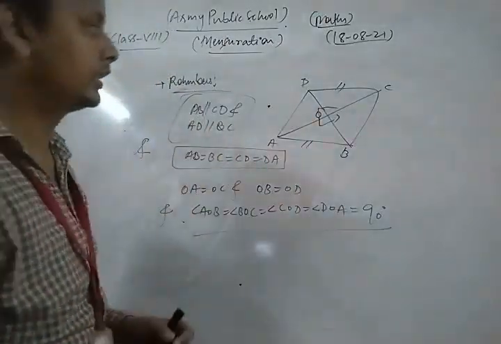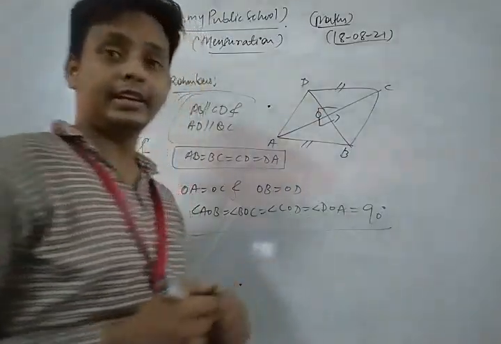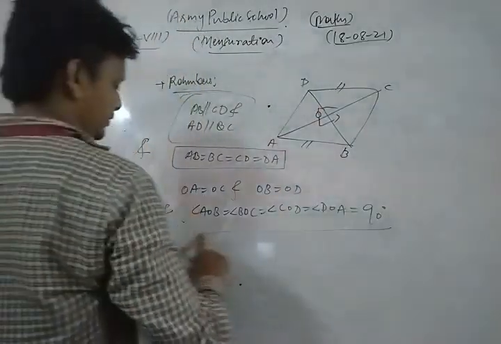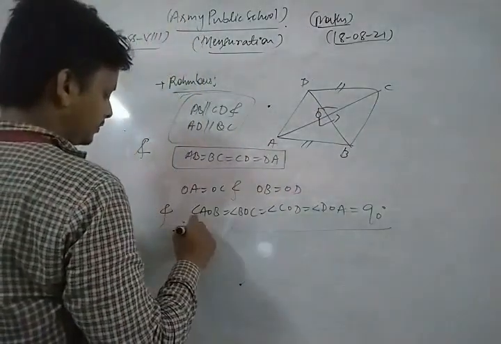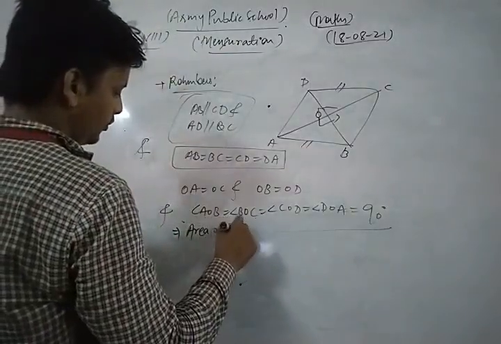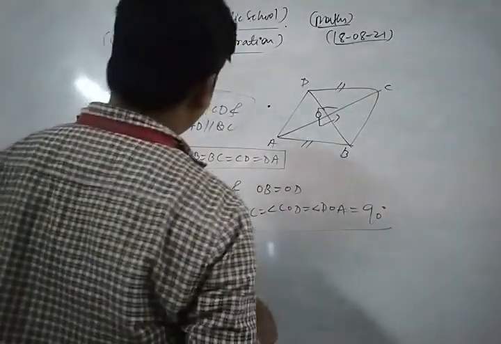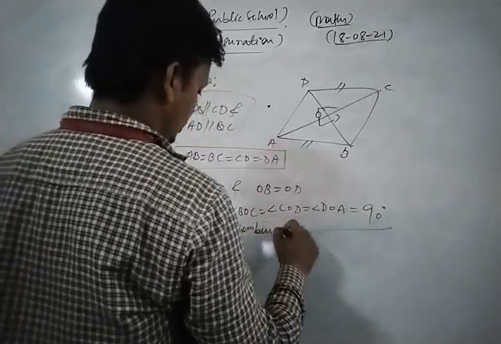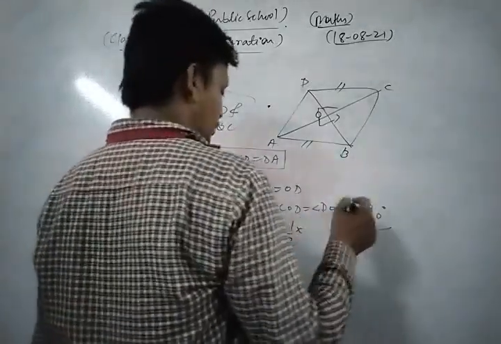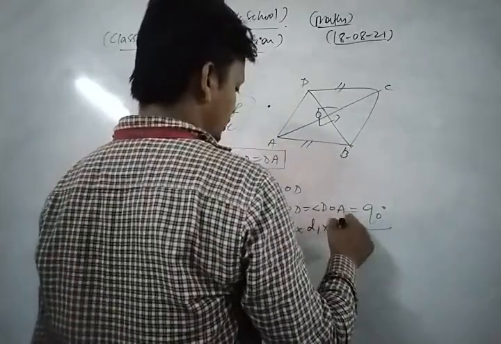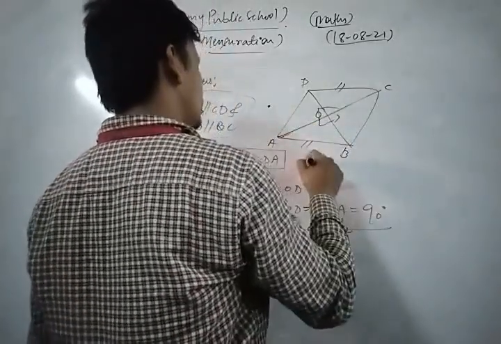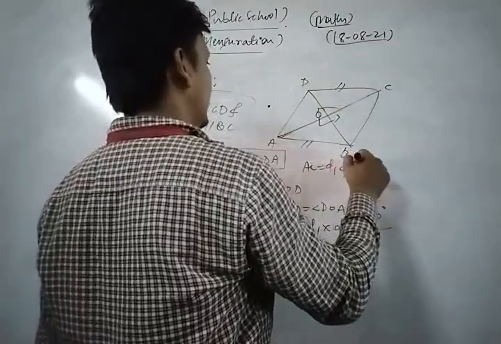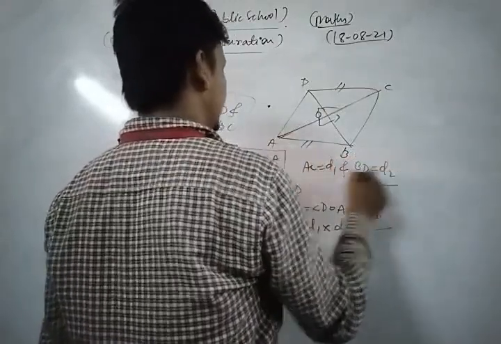And one important thing: what is the area of the rhombus? The formula for the area of the rhombus is equal to 1 upon 2 into the product of its diagonals, D1 into D2. Suppose diagonal AC is D1 and diagonal BD is D2.